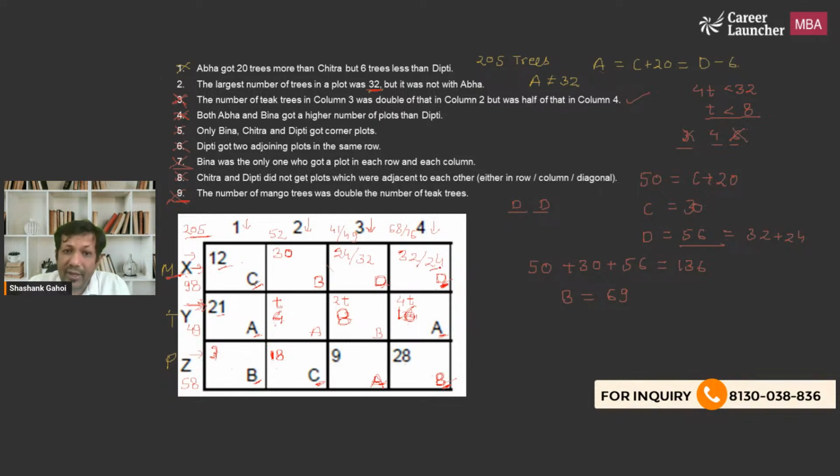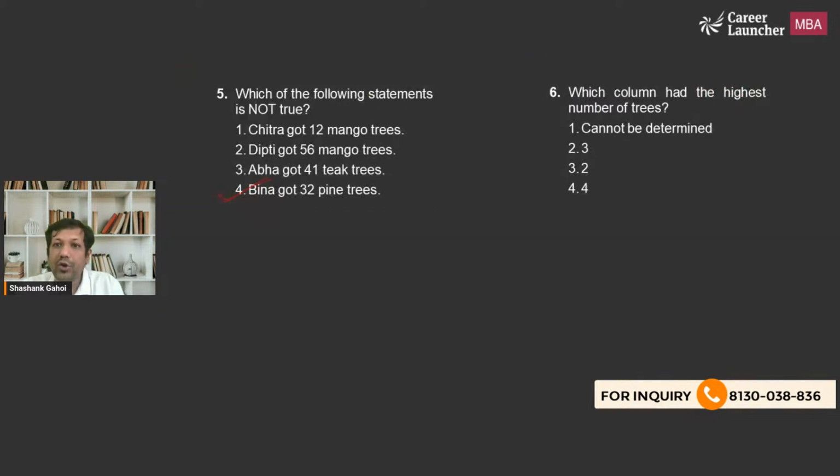So even if I give 24 trees to column 4, still the number of trees in this column is going to be 68. That is going to be more than 52, more than 51, more than 49. So the lowest value is greater than all other values. It means which column is going to have the highest number of trees? That is going to be column 4.